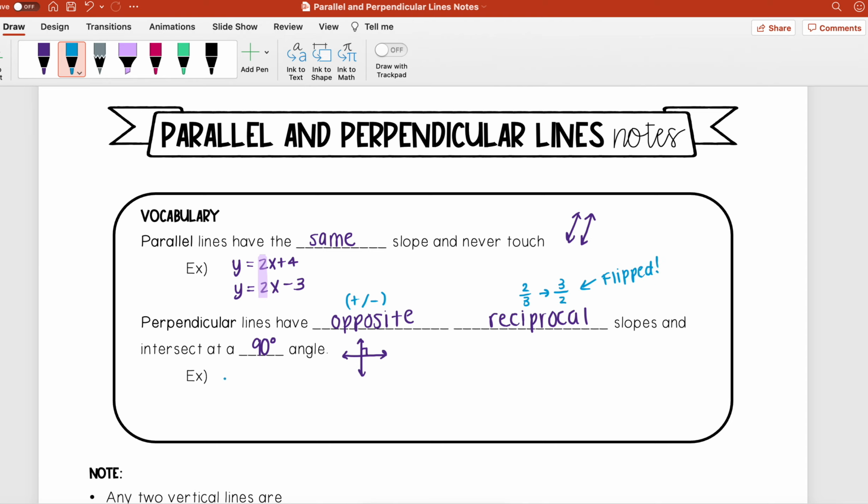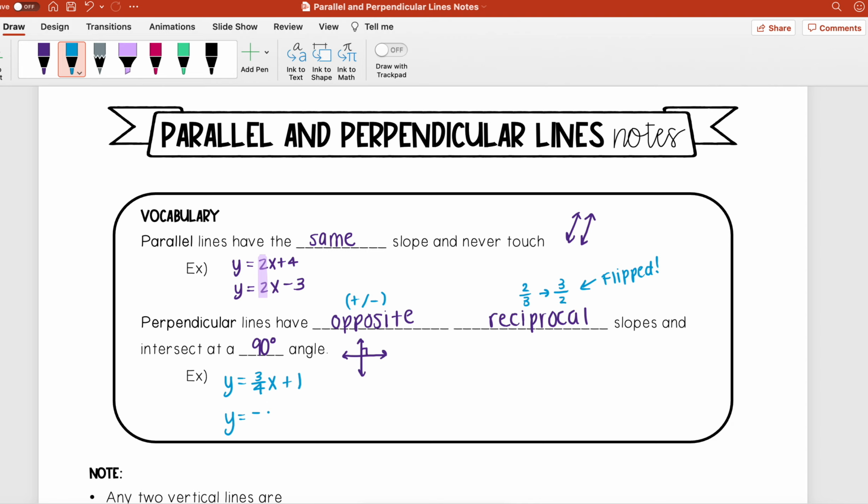So let's see an example of that. Let's say I had y equals 3/4 x plus 1. A perpendicular line would have the opposite reciprocal slope. And so first opposite, they're opposite signs. This one would be negative since this one's positive. And then the reciprocal, so it needs to be flipped.